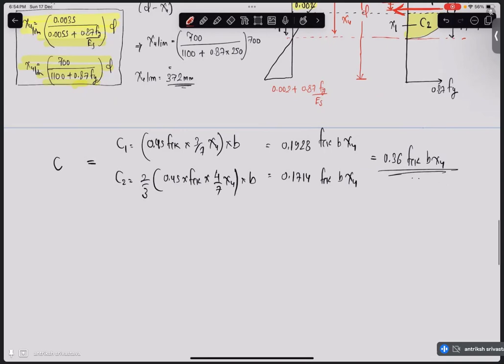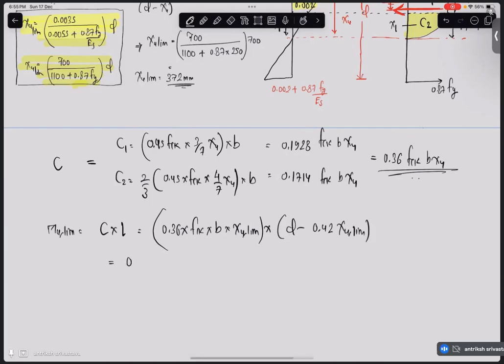Alright. Now that we know this, let's calculate our Mu limiting. C into lever arm. 0.36 into fck into b xu limiting into our lever arm, that is d minus 0.42 xu limiting. So we put the value 0.36 into 30 into b, that is 500, xu limiting we calculated as 372, into d, that is 700 minus 0.42 into 372.